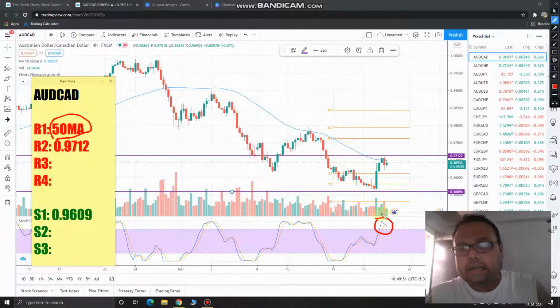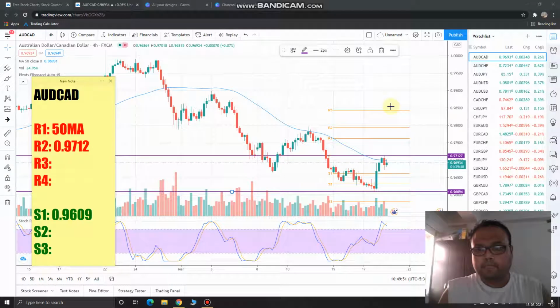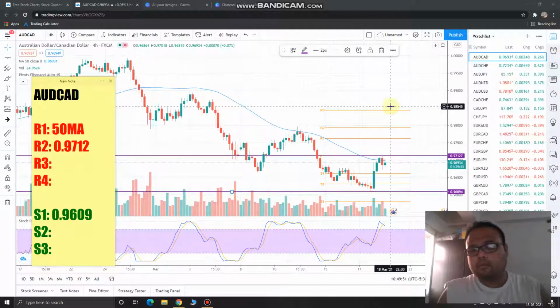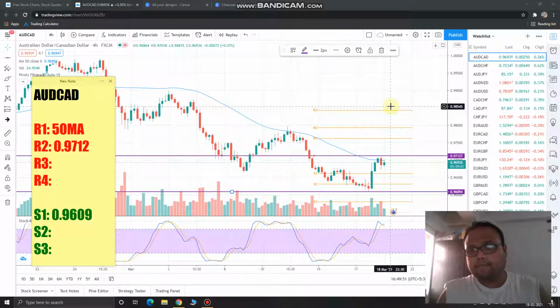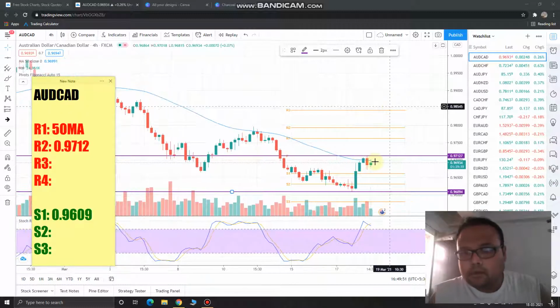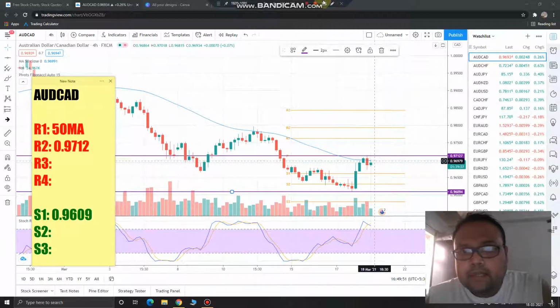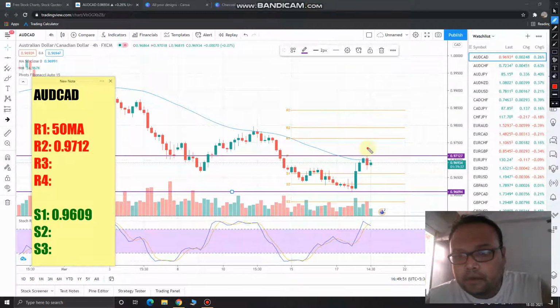So in case market gives you a clear price rejection from below, you need to wait for the signal, because the previous candle, you can see, let me zoom in, there was a price rejection from below.